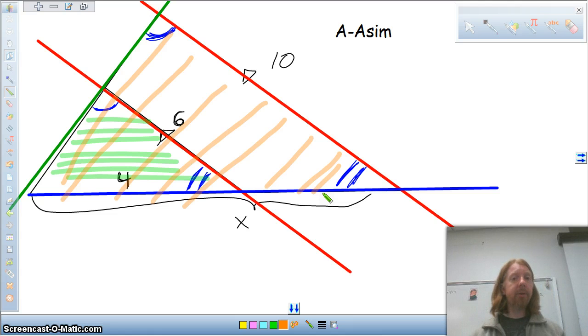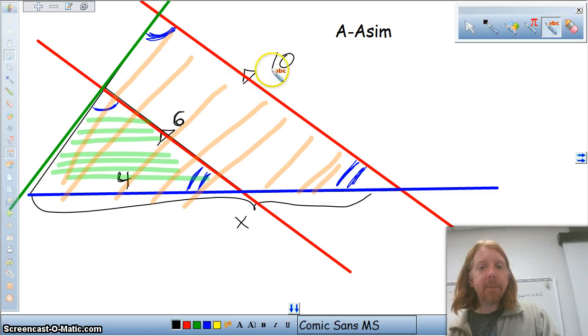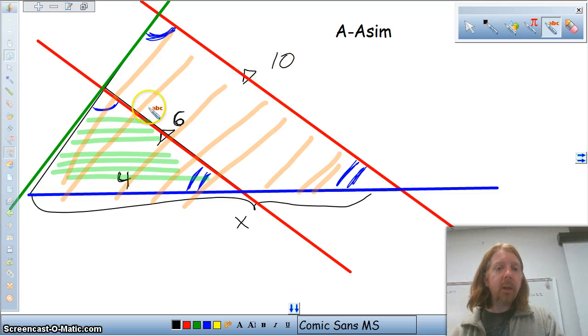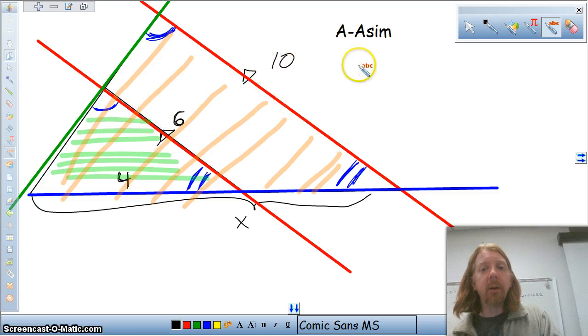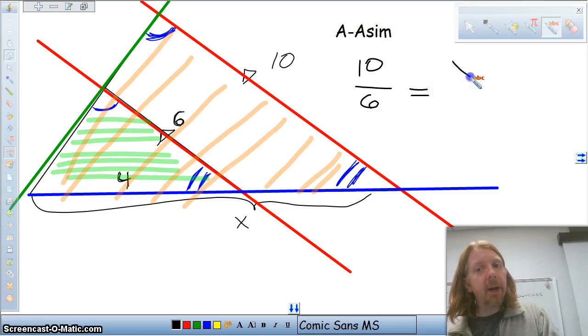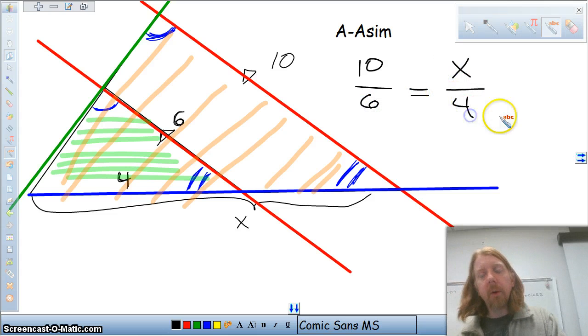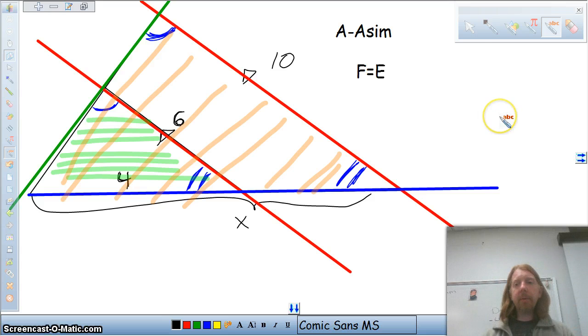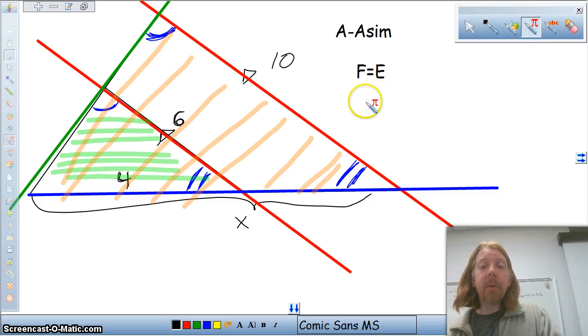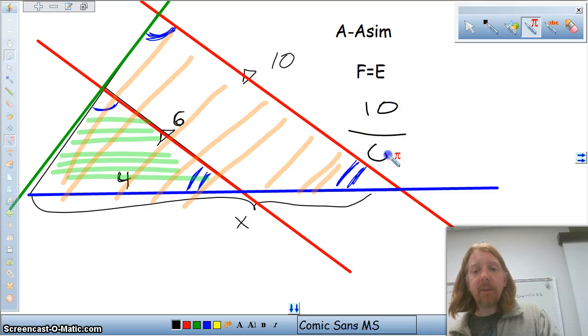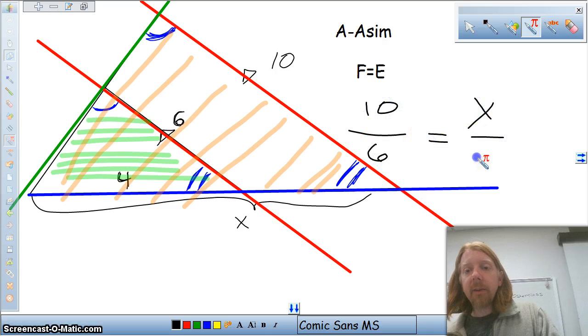Now I can do a proportion. I'm going to take a measurement off the big triangle and match it to a measurement off the small triangle. So I can write 10 is to 6 as big triangle x is to 4. That proportion will look better if I use my math tool. 10 is to 6 as x is to 4.